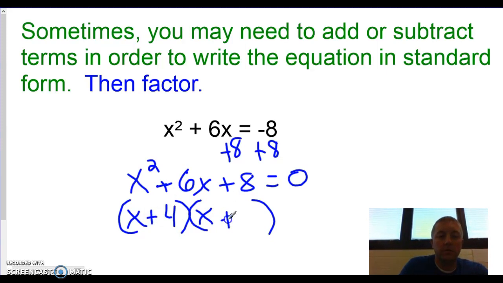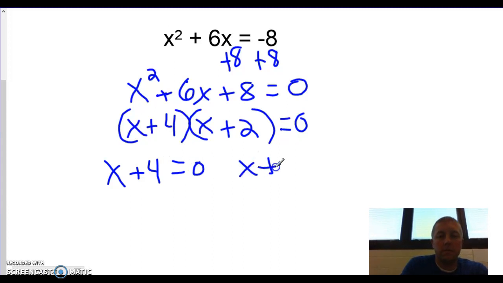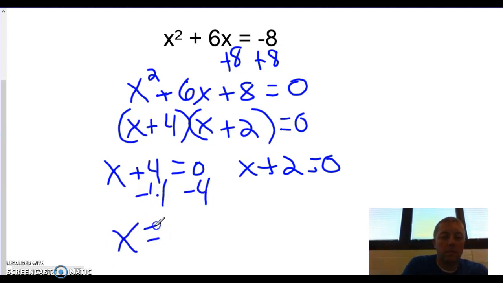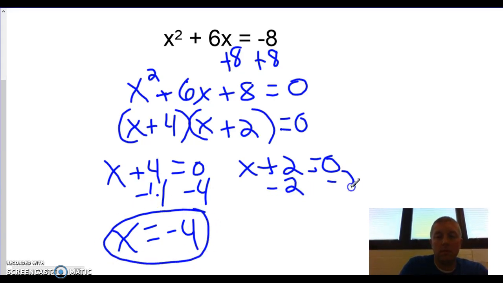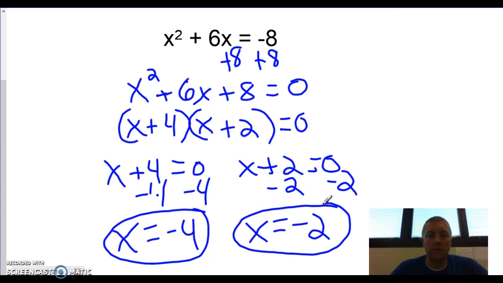It's 4 and 2. Okay, so now use the zero product property. Set each factor equal to 0. Solve each one individually. X equals -4 and x equals -2.